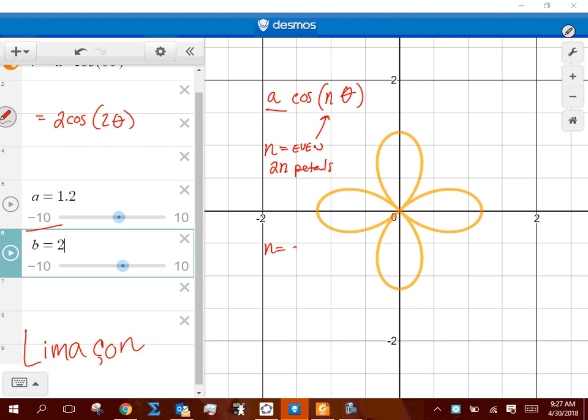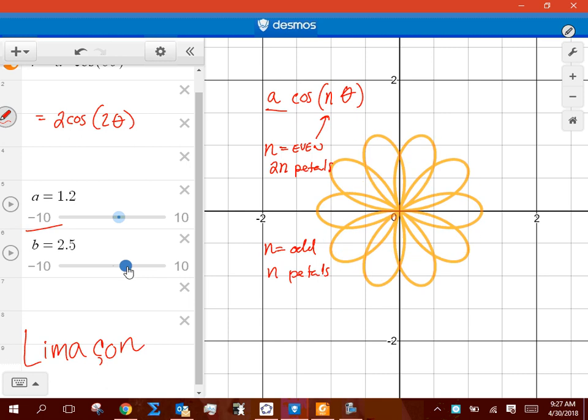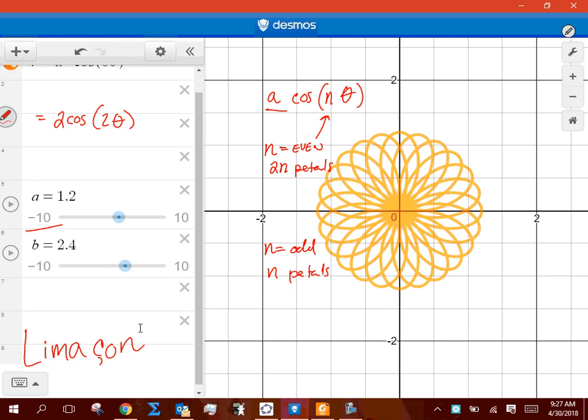If n is odd, you have n petals. And then you saw as n becomes a fraction, or has a decimal component, you start to get those types of things, right?